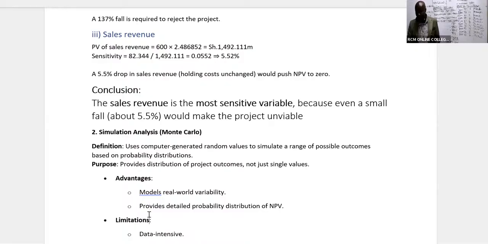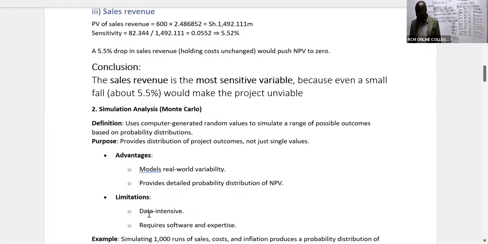Limitations: it is data intensive. I'm so sure you guys have hated the method, not because it's hard, but because it's very involving. It requires software and expertise. That's another limitation.